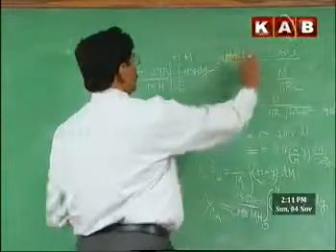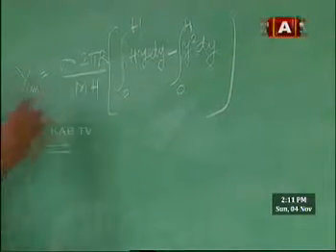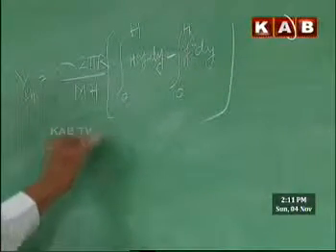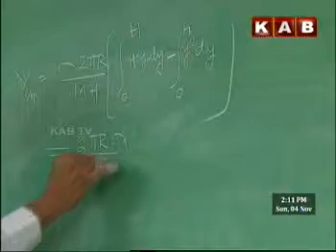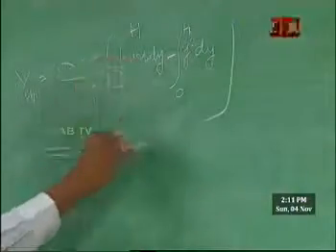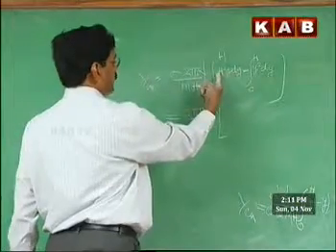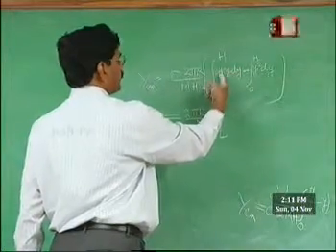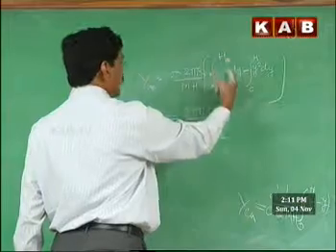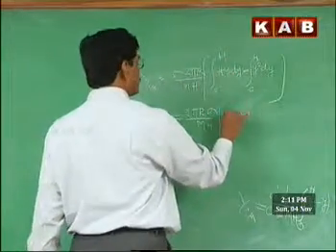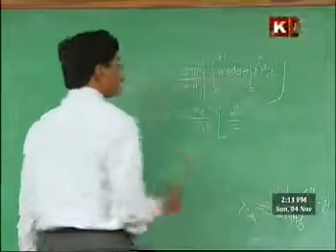The integral of y dy is y square by 2, and h is constant, so with limits 0 to h it is h square by 2, giving h cube by 2.